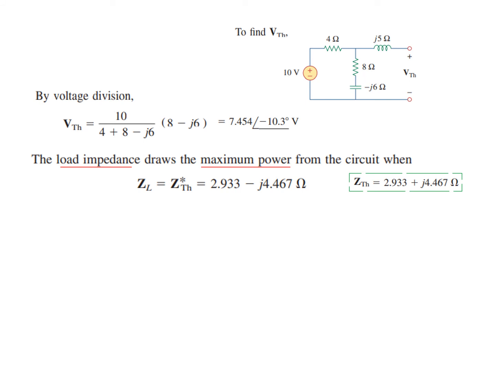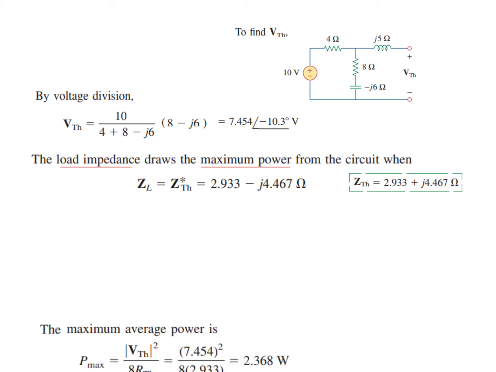Now we know that the load impedance for maximum power has to be ZL equal to Z Thevenin conjugate. This was what we found to be Z Thevenin, so we just change the sign here to get the conjugate. We have changed the sign to minus, so this is the conjugate.